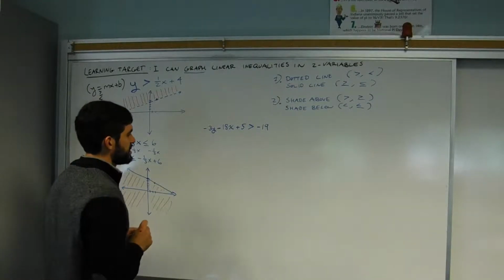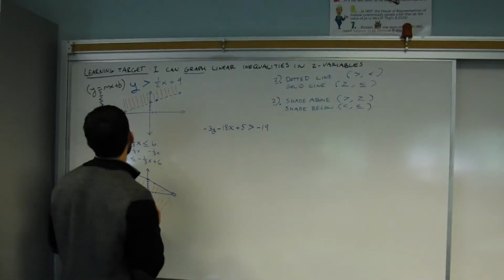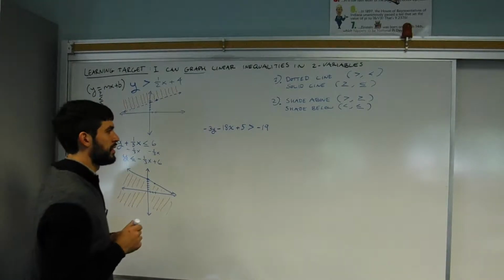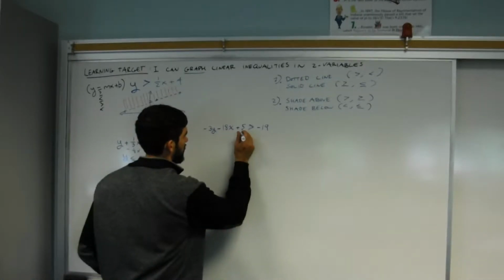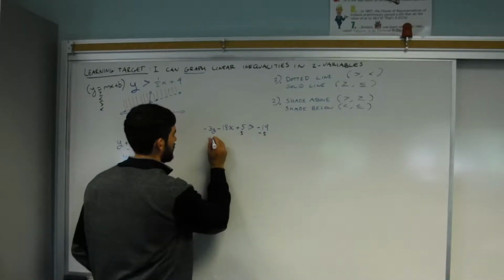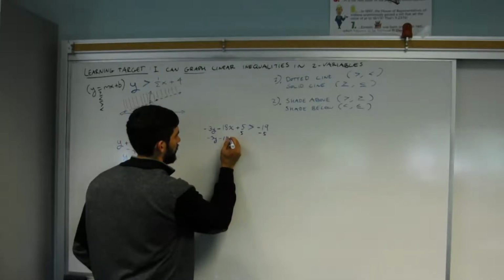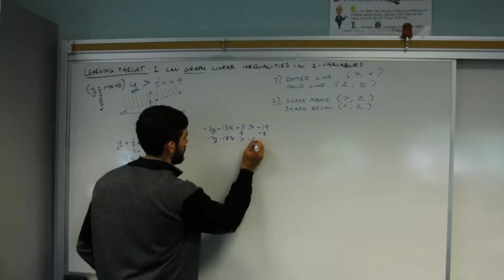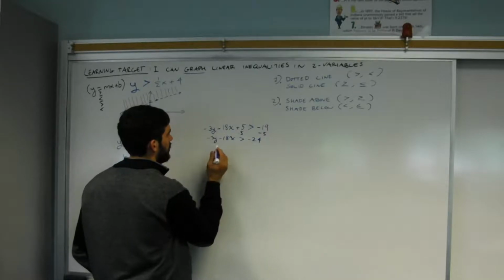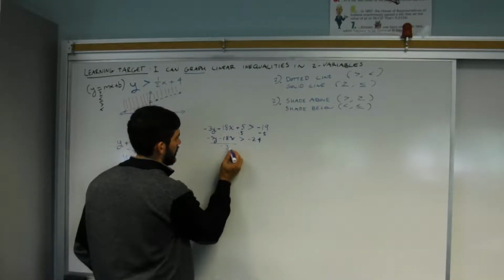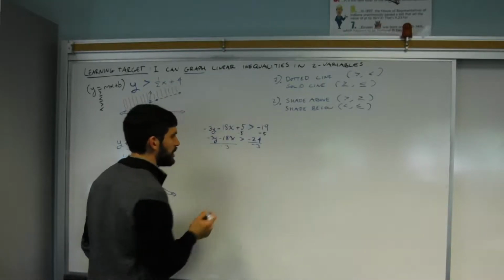In this case, we'd want to put it into this form. So I could start by subtracting 5 from each side. We get negative 3y minus 18x is greater than negative 24. Then I divide both sides by negative 3.